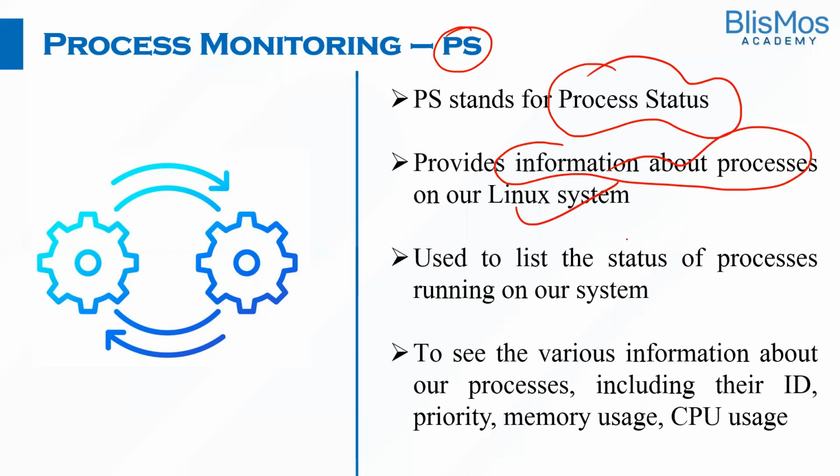It also provides the status of different processes running on the system. It can be ID, it can be priority, it can be memory usage. Different aspects of the processes is displayed when you run a PS command. Whenever you want to monitor the processes, you got to use this PS command with the various other options.